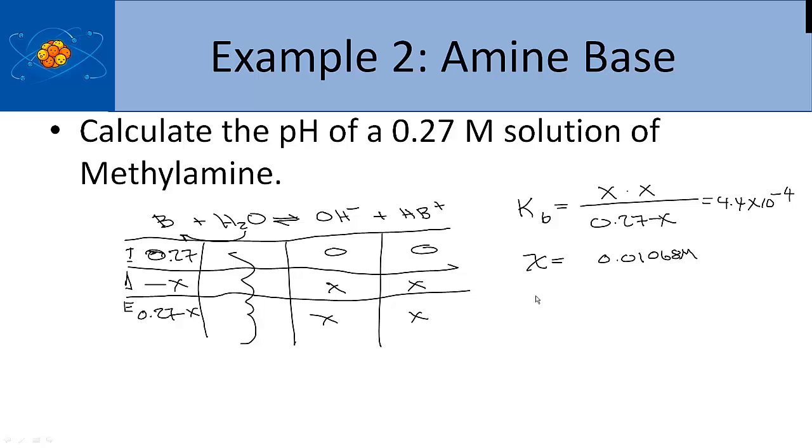This means that the pOH is equal to negative log of 0.01068. That's going to be equal to 1.97, so that the pH is equal to 14 minus 1.97, or 12.03.